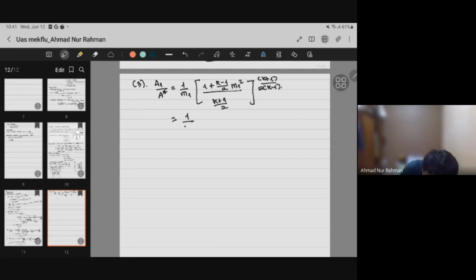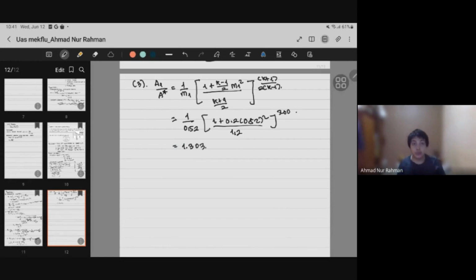This equals 1 over 0.52 times (1 plus 0.2 times 0.52 squared) over 1.2, to the power of 3.